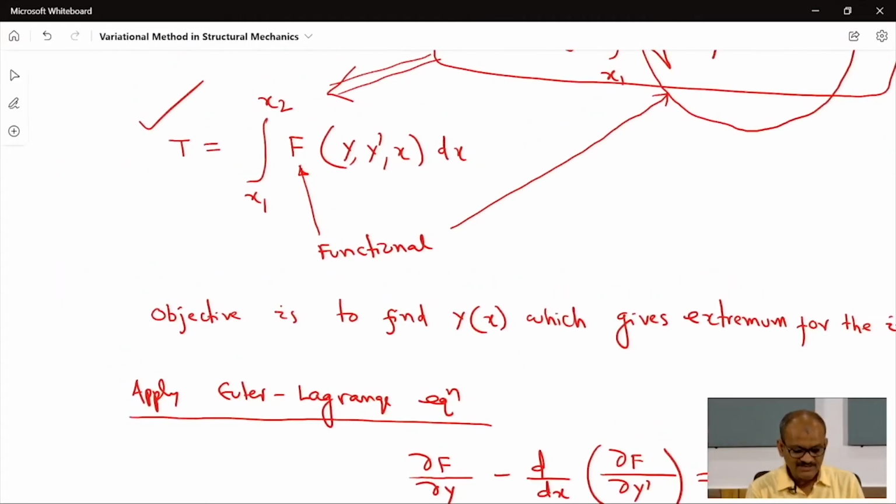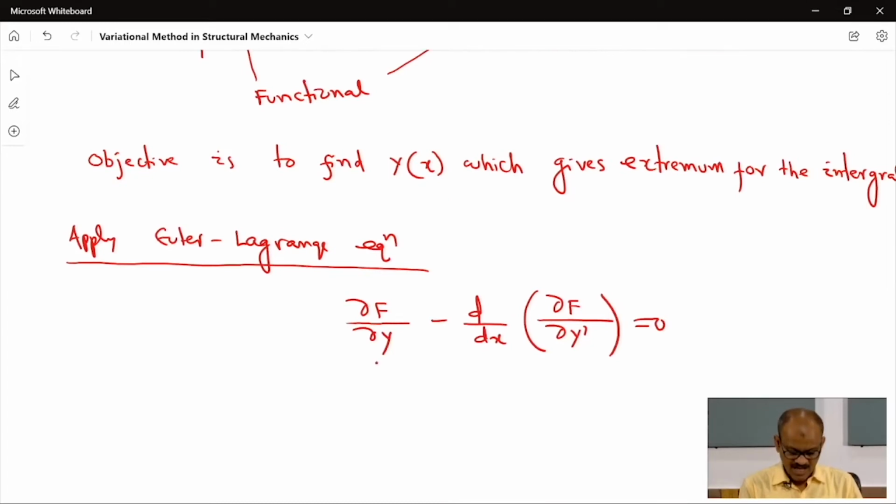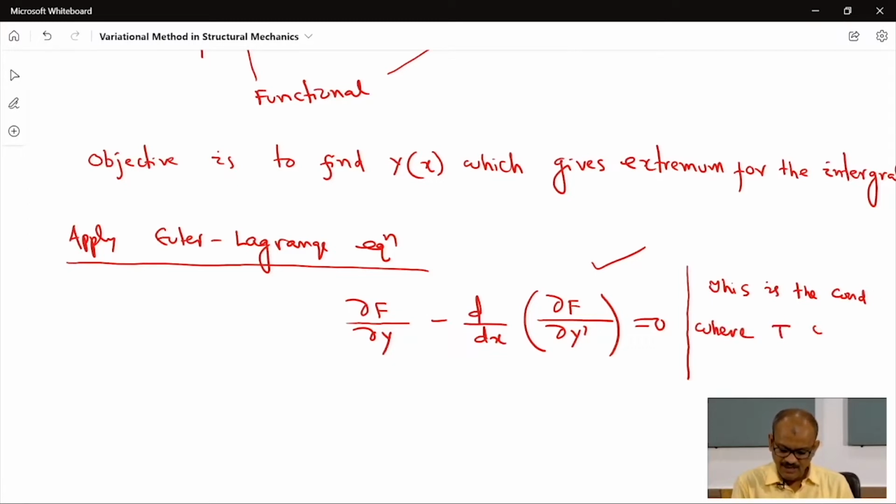Here this functional is a function of a single variable and its higher derivative. For this, the Euler-Lagrange equation is this, which we derived in our previous lecture. Now, this is the condition where t will be an extremum.